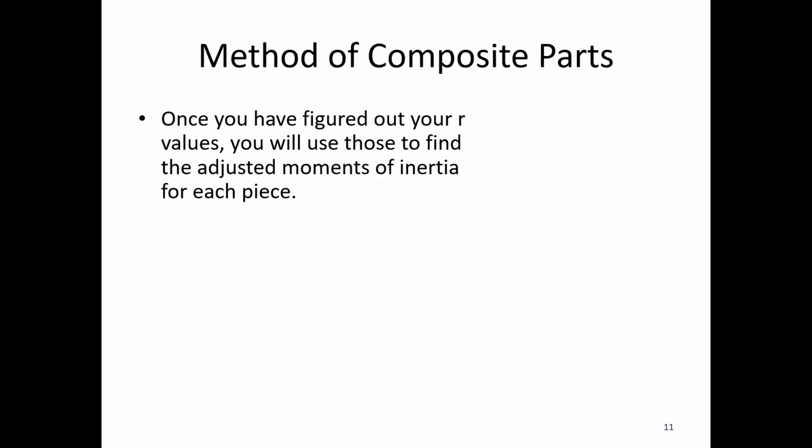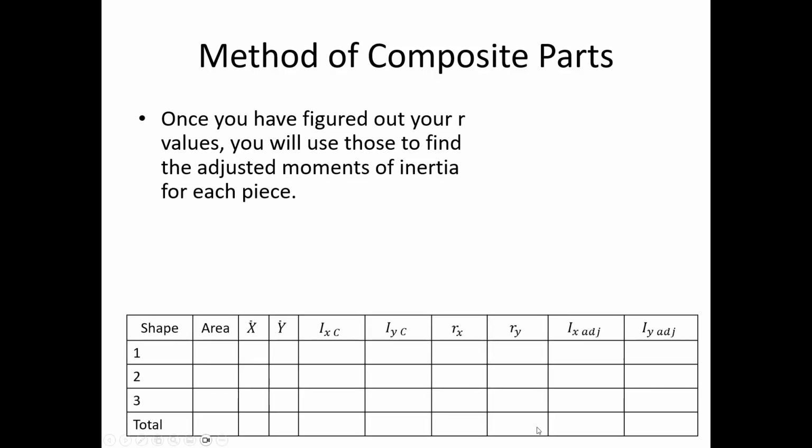So once you've figured out your R values, how far you're moving the axes in each of these cases, there are going to be adjustments to the Y values, adjustments to the X values separately. So that's why we have Rx, that's how far I'm adjusting all the X axes, Ry, how far I'm adjusting all the Y axes. We need to plug those into the table. We are going to do our adjusted values using the parallel axis theorem.